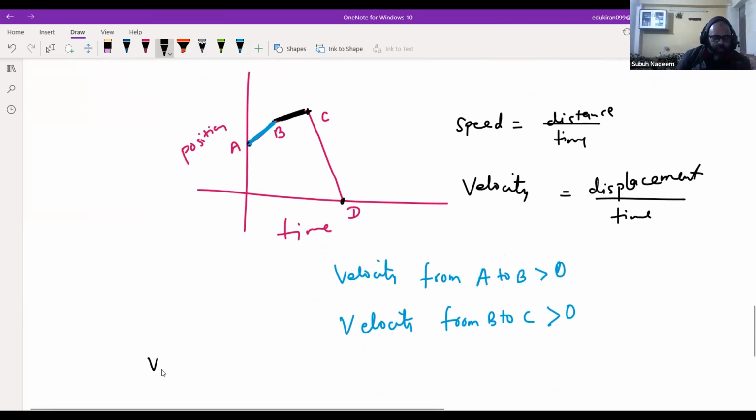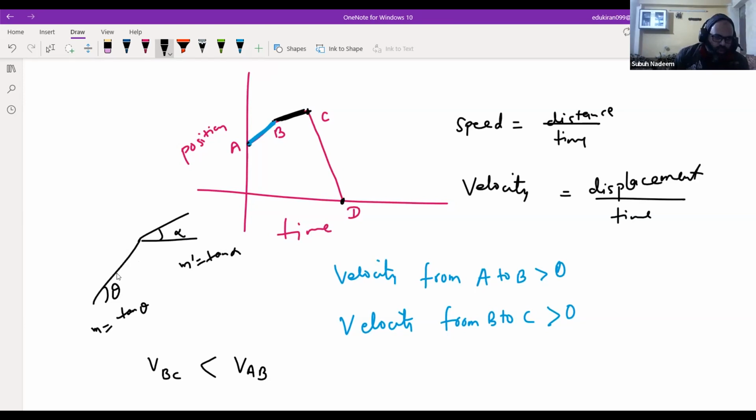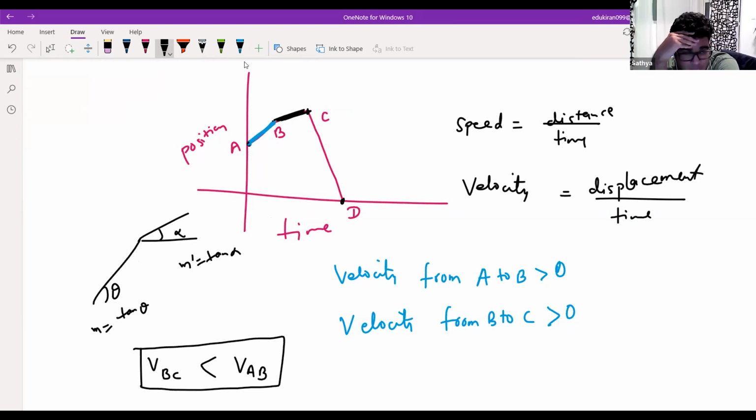So we can say velocity from B to C is less than the velocity from A to B, because this line has slope tan theta, which is greater than this line, which has slope tan alpha. This blue one here is more steep than the black one. So the velocity from B to C is less, and from A to B is more.